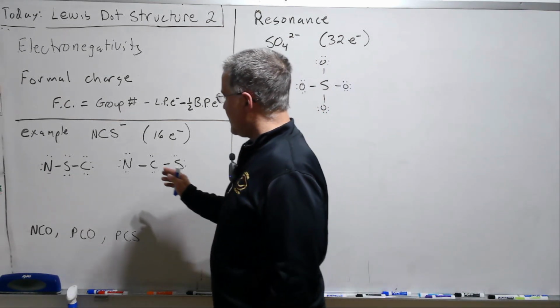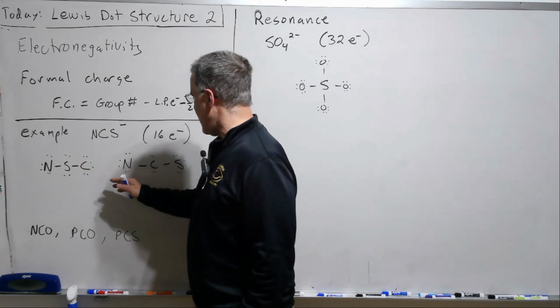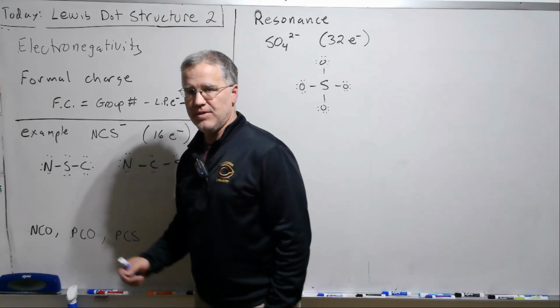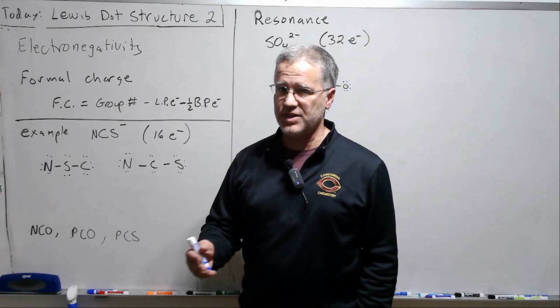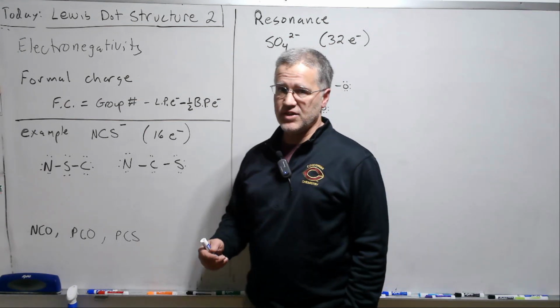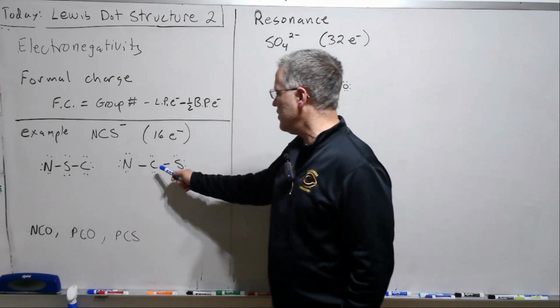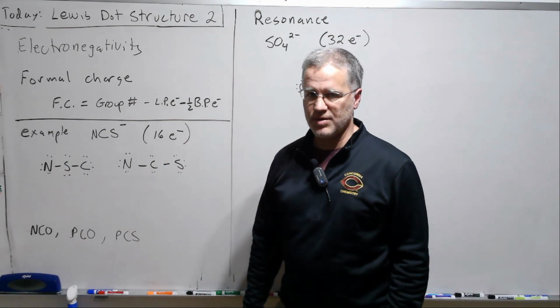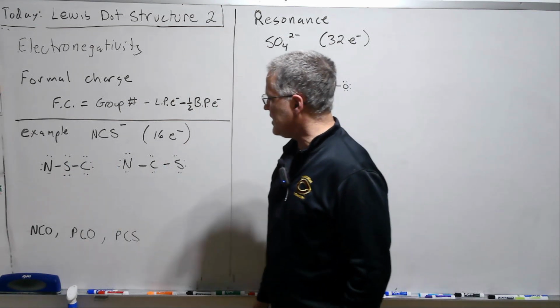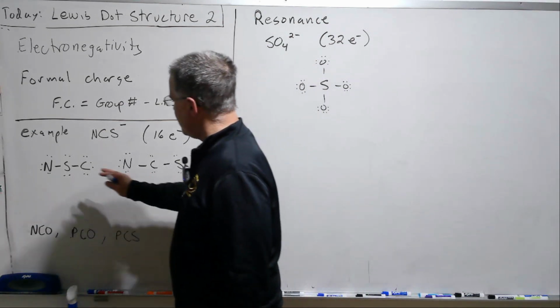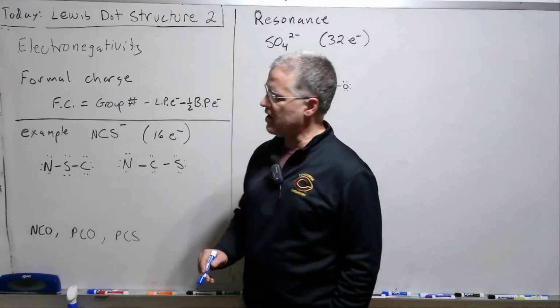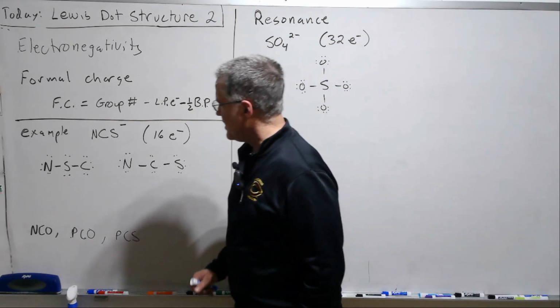Well, we have to decide on a central atom, and here, maybe it's a little bit difficult. Probably not the nitrogen, but potentially the sulfur or potentially the carbon. So let's draw for both cases and see if we could figure out which is the best case.